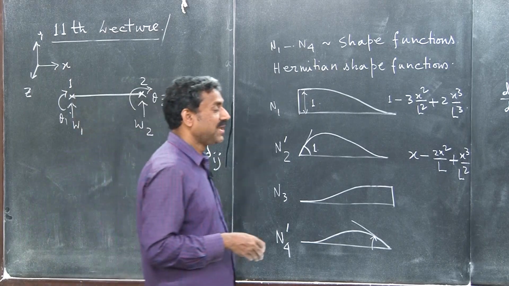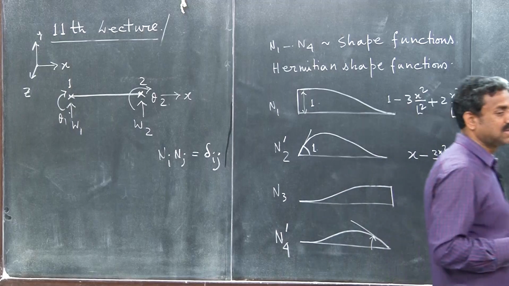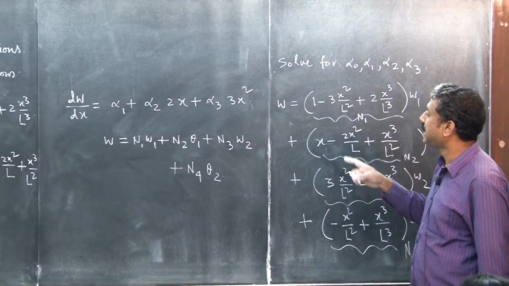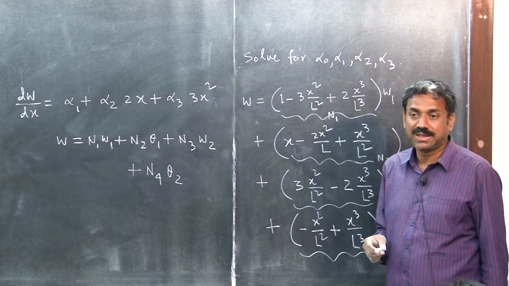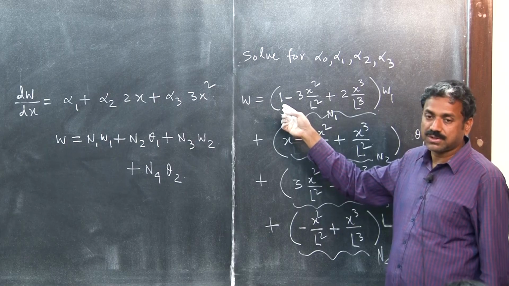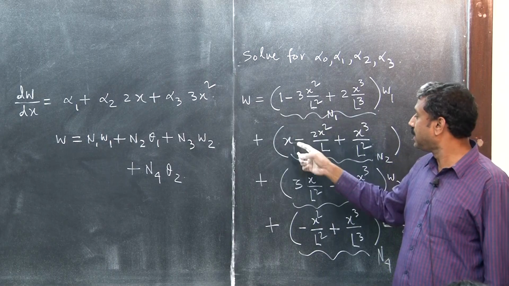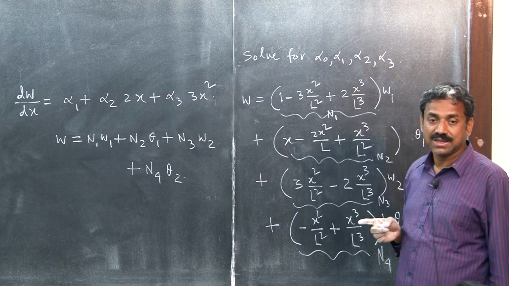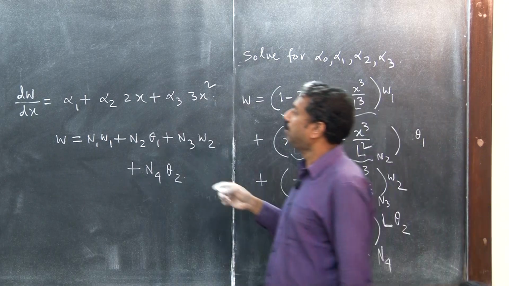Another thing is that any shape function, Hermitian shape functions included, must be a complete polynomial. That means you have to have the constant term, then the first-order term, then the second-order term, and so on. You cannot choose arbitrarily.